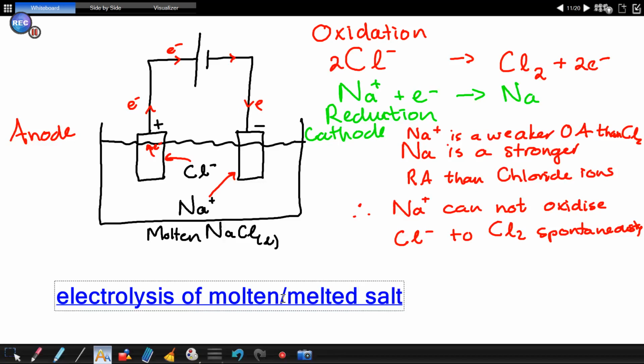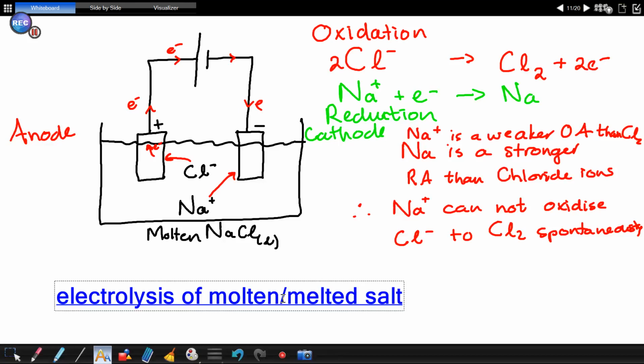Why do we have to melt it first? Can a solid ionic substance be an electrolyte? No, because the sodium plus ions and the chloride negative ions stick together in a crystal lattice because of the strong Coulomb forces.